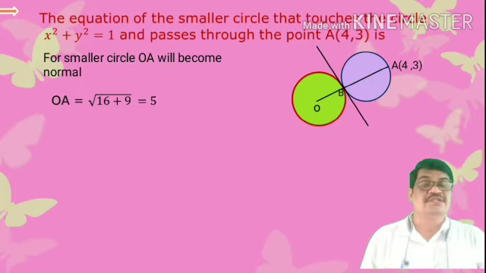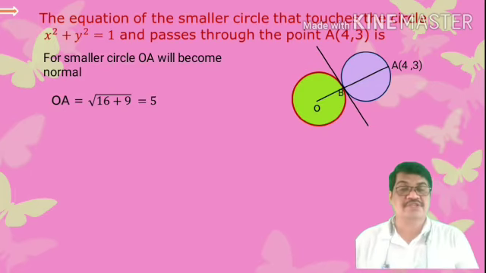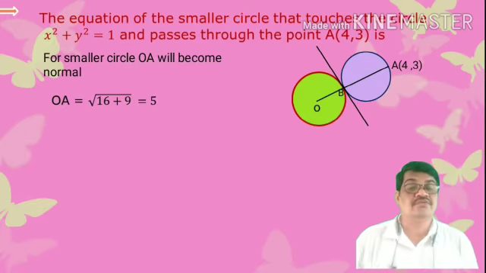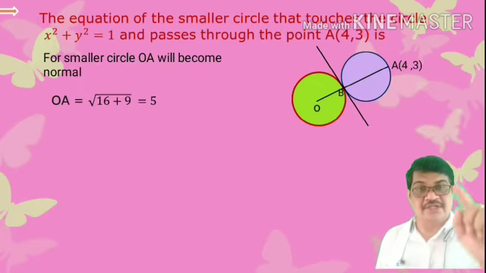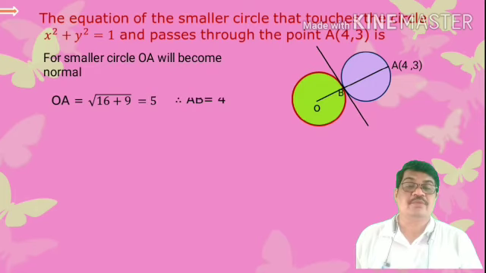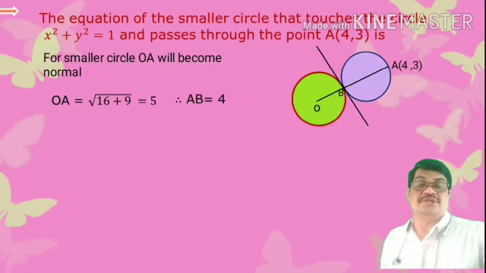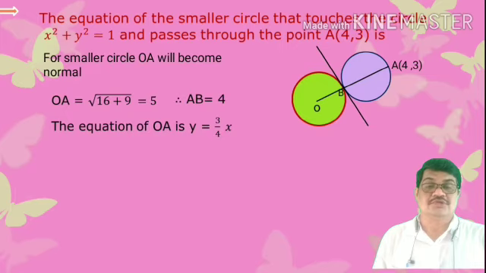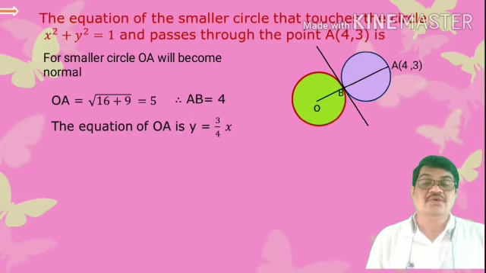So now I have to find the OA distance. What is the OA distance? O is 0 comma 0 and A is the point 4 comma 3. Now we have to find the distance. OA is root of 4 square plus 3 square, that is 16 plus 9, root 25, that is 5. Therefore OA is equal to 5.